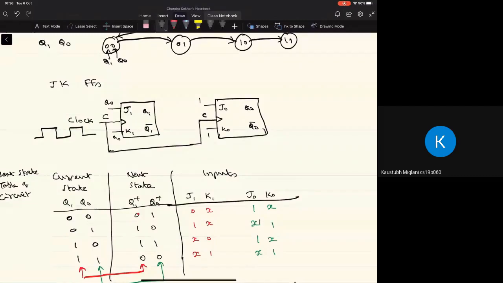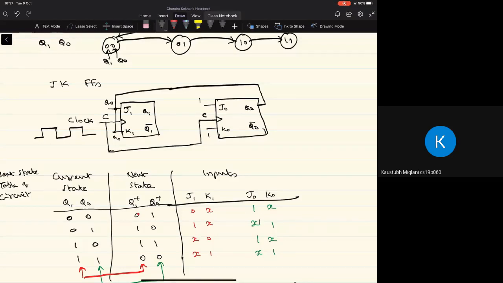Where is this Q0 coming from? It's actually coming from the output of this Q flip-flop, right? And this output of flip-flop 0 will go as the J and K inputs of flip-flop 1, right?